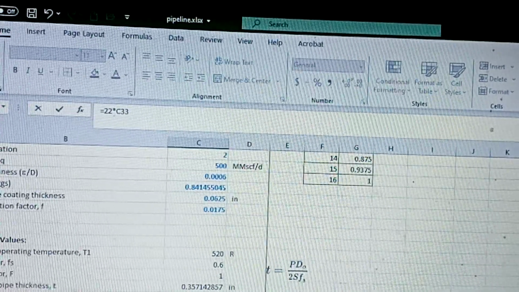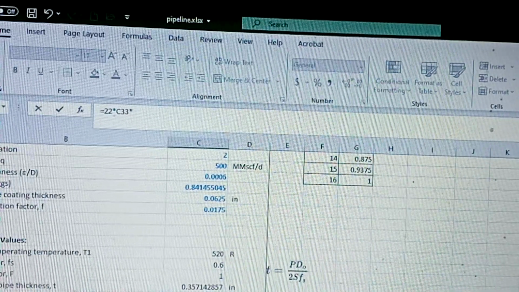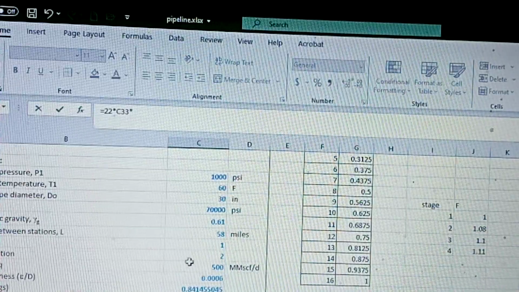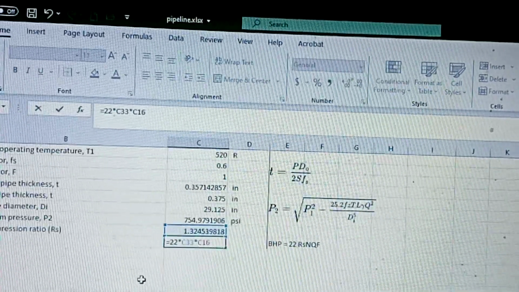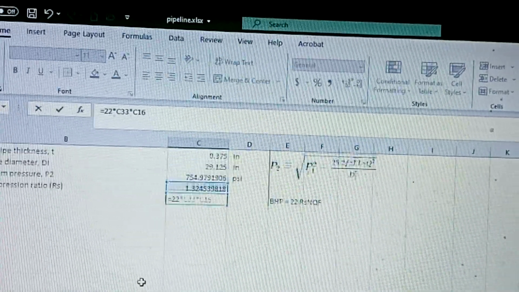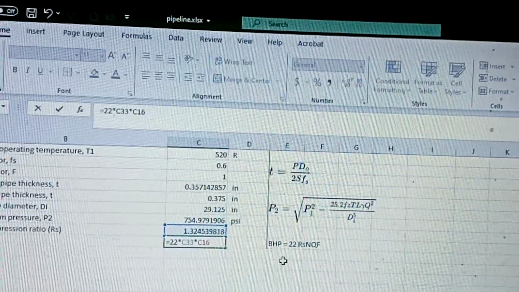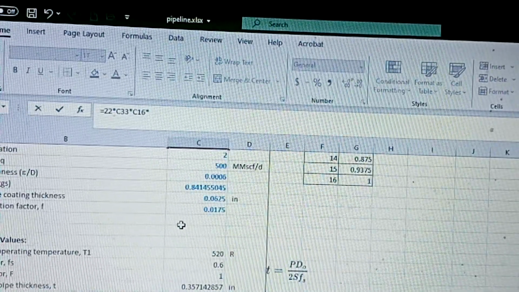then multiply by number of stages, which is 1, but I'm just going to click on it here. Although you might not, the factor is also going to be 1. Then again multiply by flow rate in million, so 500.